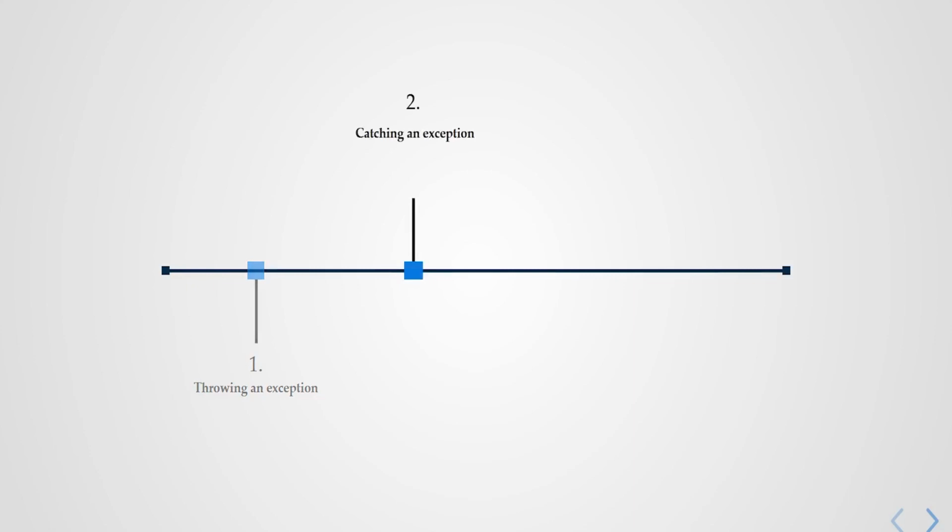Now let us go through the 4 steps that we have here. The first thing is throwing an exception. We try that in the try block and then we catch it in the catch block. You can see here, catching an exception. Then the hierarchy, you need to know that as I showed you in the code. First, we should have the checked exceptions that we know about, and finally, we should have the base class of the exception class.